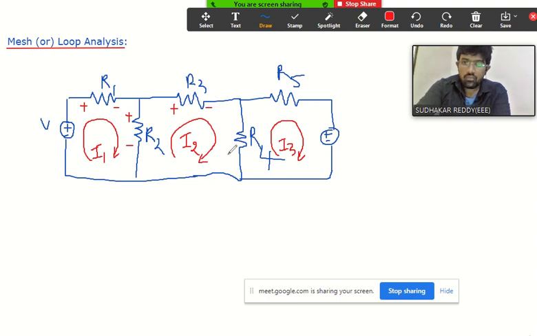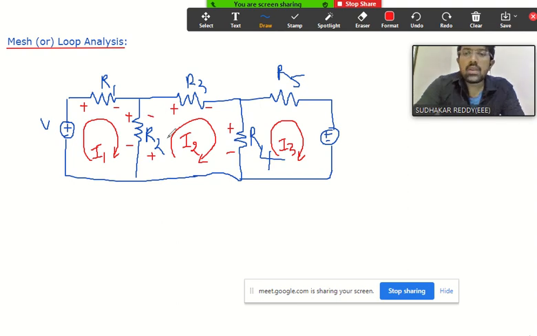Now similarly, R4 with respect to current I2. What is the polarity here? Plus. And here? Minus. And observe, when it comes to R2, with respect to I1 it is plus and minus. With respect to I2, here positive, and on the top we have negative.